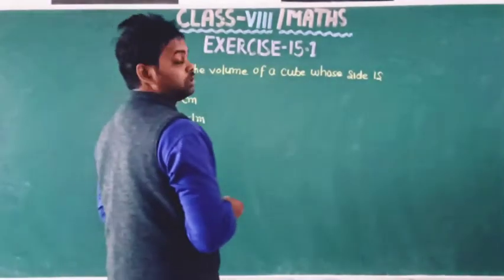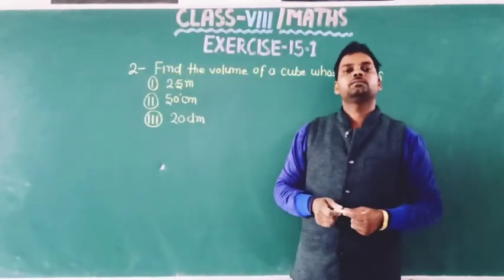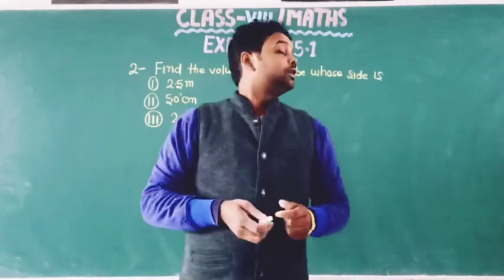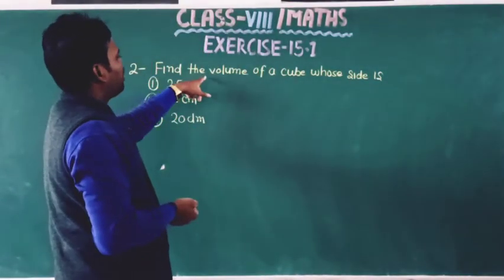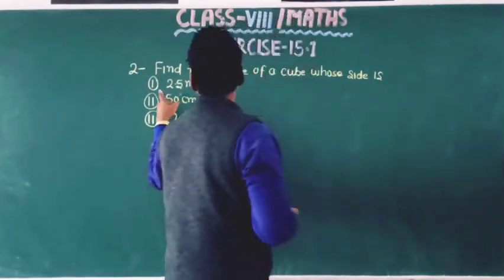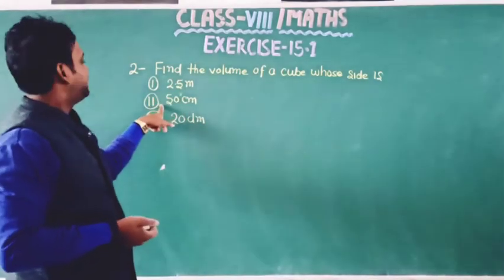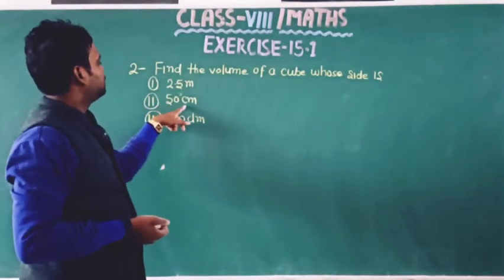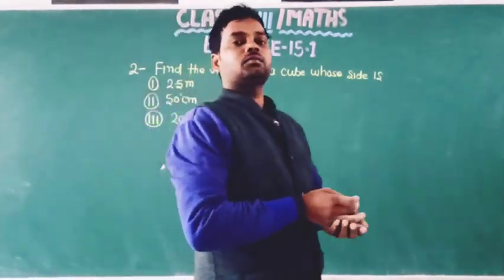Okay students, further move to question number 2. We have to find the volume of a cube whose side is given. The first part is 2.5 meter, the second is 50 centimeter, and the third is 20 decimeter.